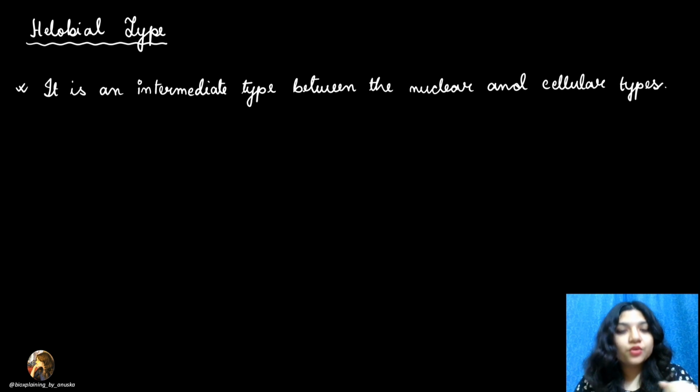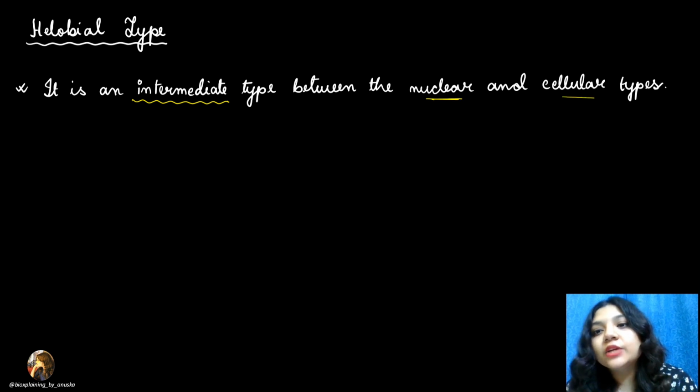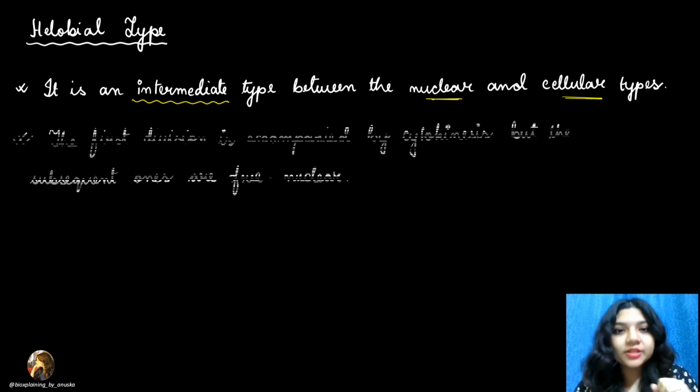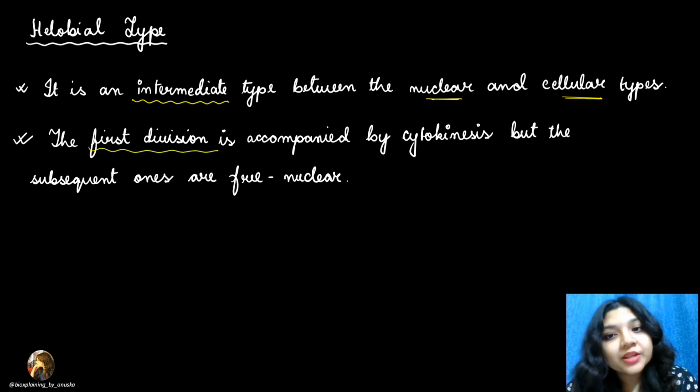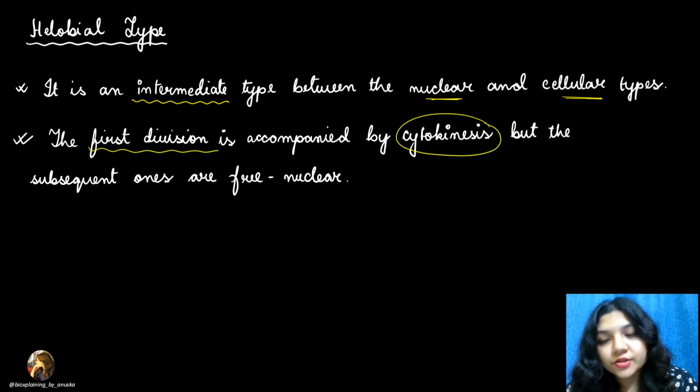This third type is the halobial type. So as I told you, it is in between the free nuclear and the cellular one. So we can say that it is an intermediate type between the nuclear and the cellular types. So what happens in this case is, in your first division, there you find cytokinesis.